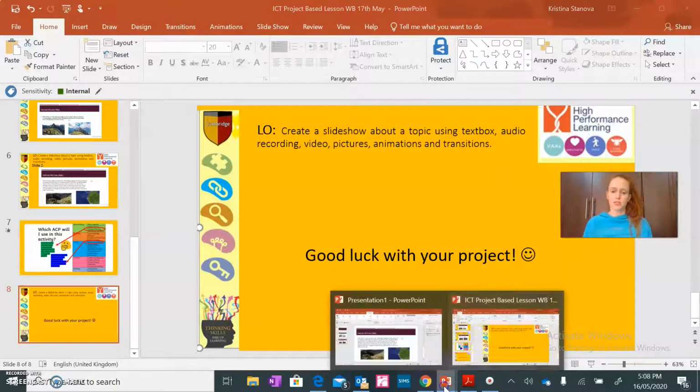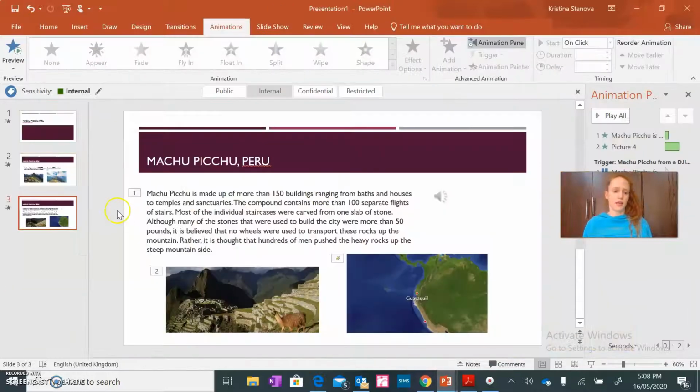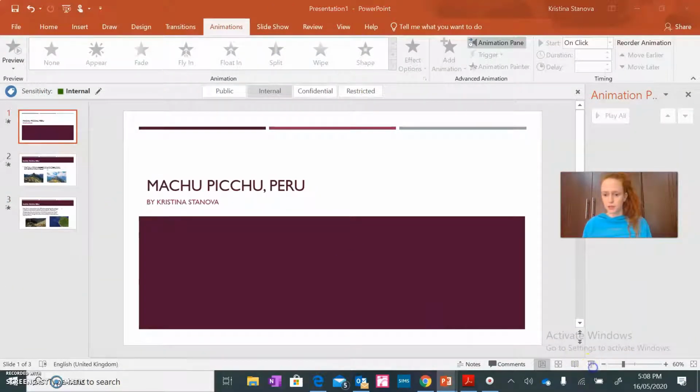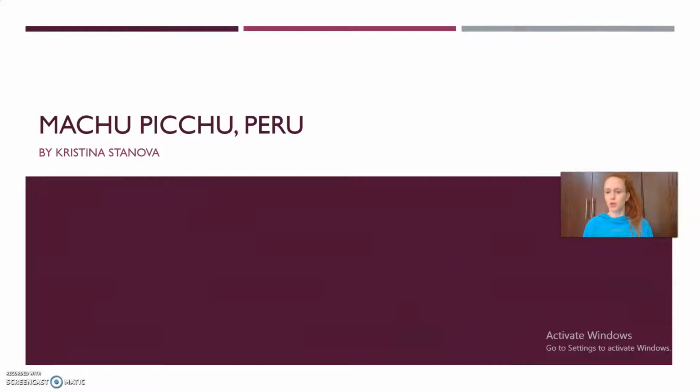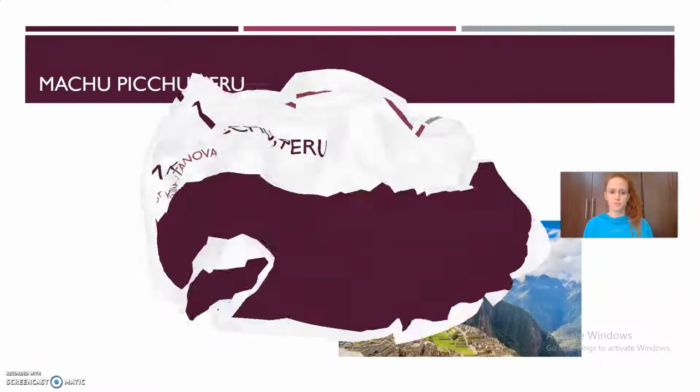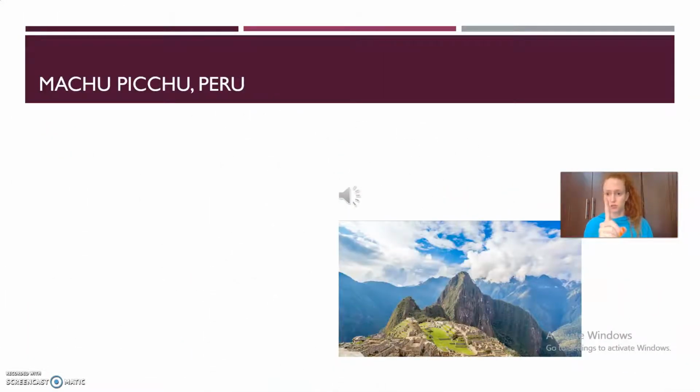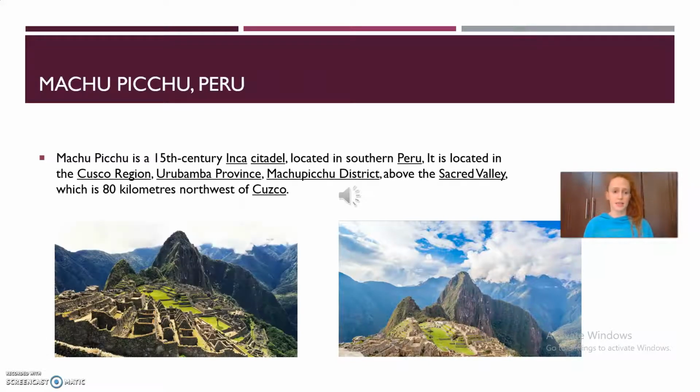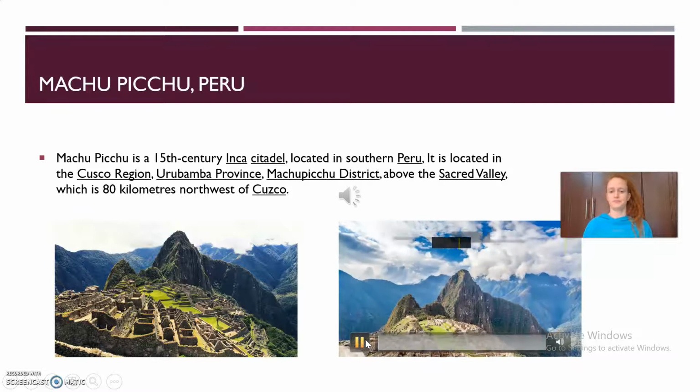Now, towards the end of this video, I'd like to show you how mine looked. So here we go. This is the title page. Transition, guys. This was transition number 1. So animated text, animated picture, audio recording. Machu Picchu is a 15 Okay, and a video as well.